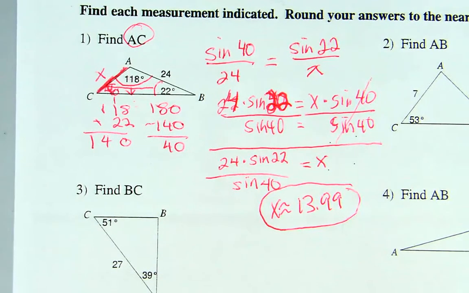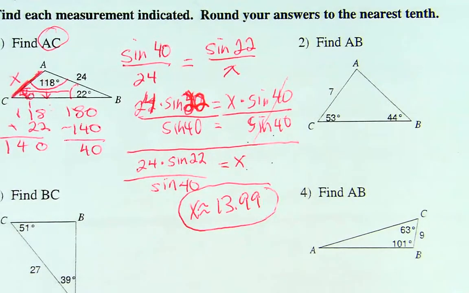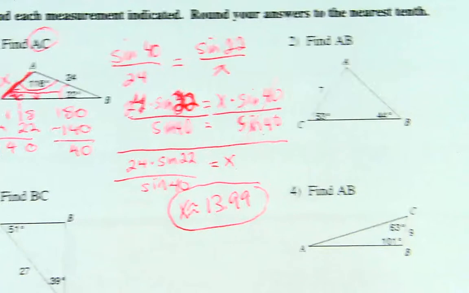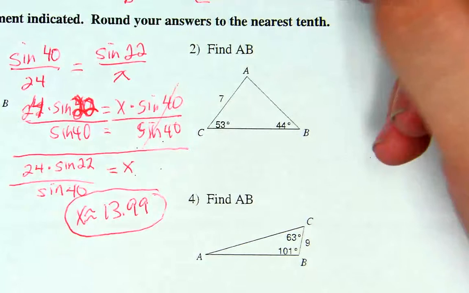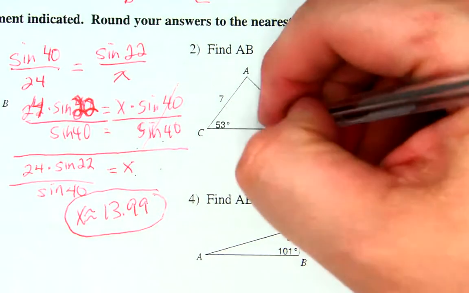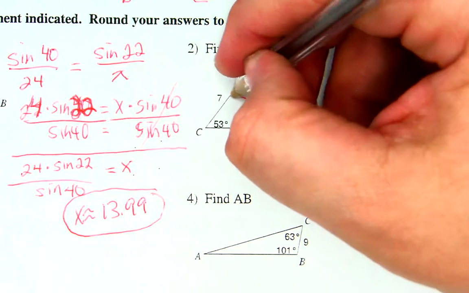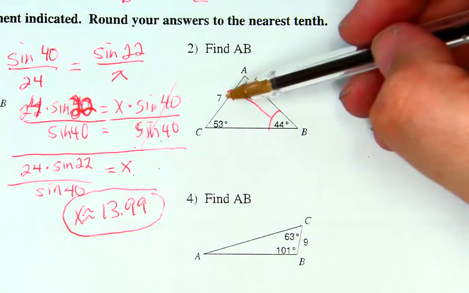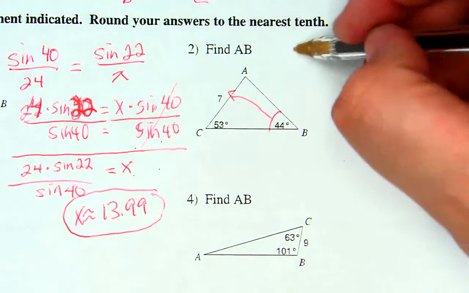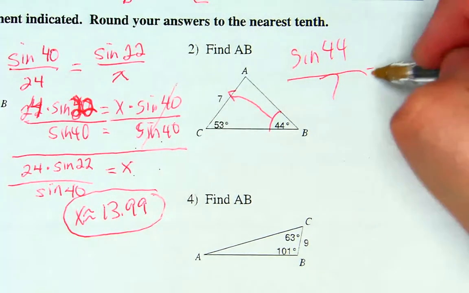So while you're working on these, it's a really good idea, if we're working with this angle, to point it to the opposite side, because this will tell you, all right, I know I'm going to put sine of 44 degrees over 7.